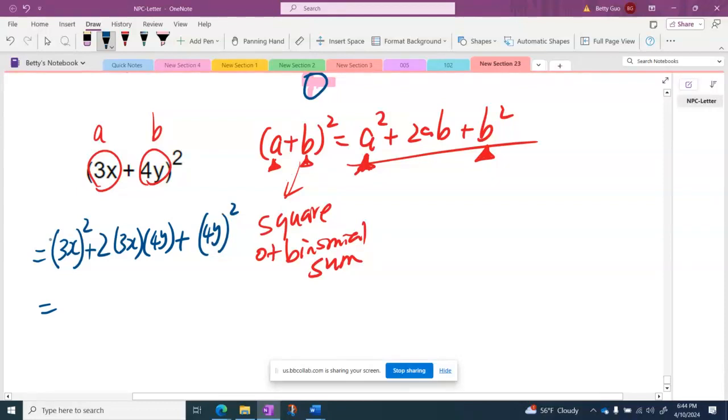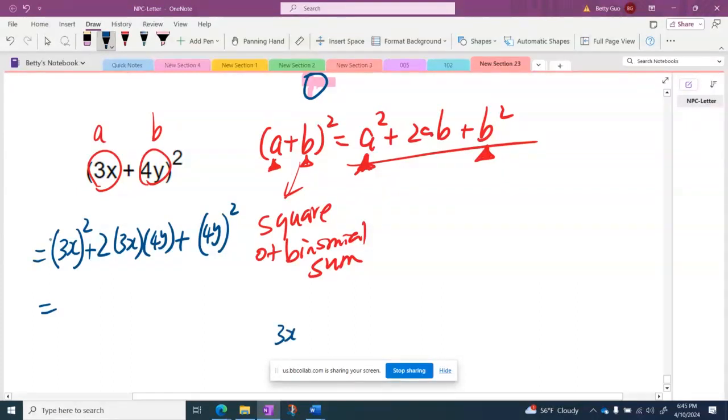You see that? See 3x as one whole thing. That's the first base, or the first item in the sum. And see 4y as the second item in the sum. And in the middle, we have twice the multiplication of the two items. And then we simplify in the next step.